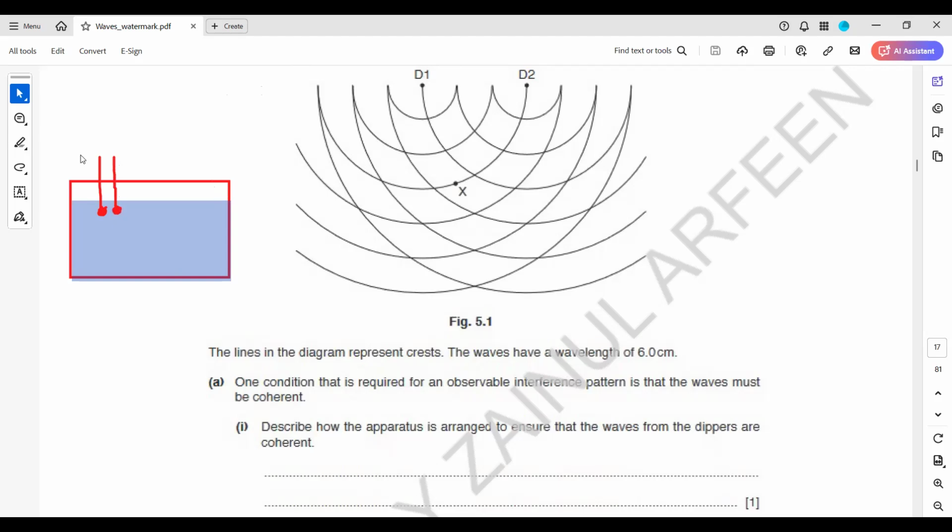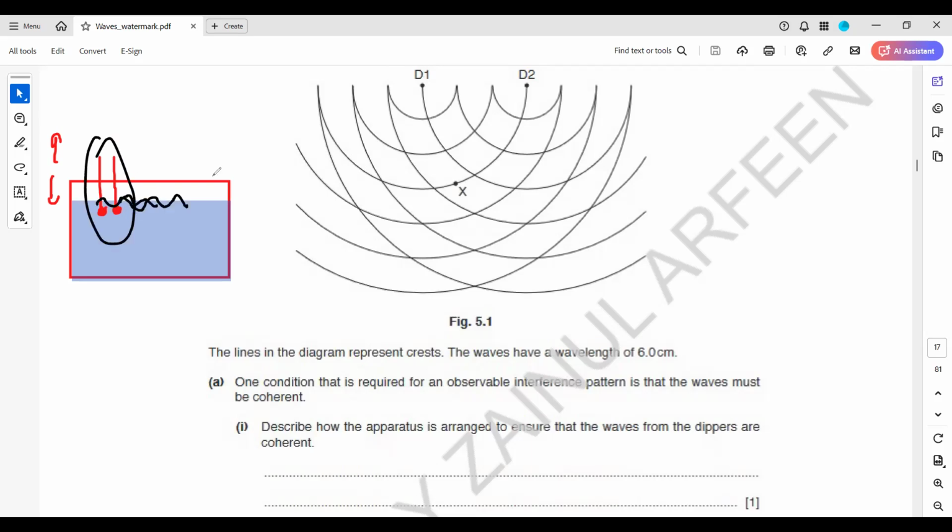We want them to vibrate in the same manner. How it works: usually these dippers are connected to an AC supply, alternating current supply. The frequency of the supply matches the frequency of the dipper and causes vibration. The dippers will vibrate to and fro, up and down, and as they disturb the water surface, they start to produce ripples, waves.